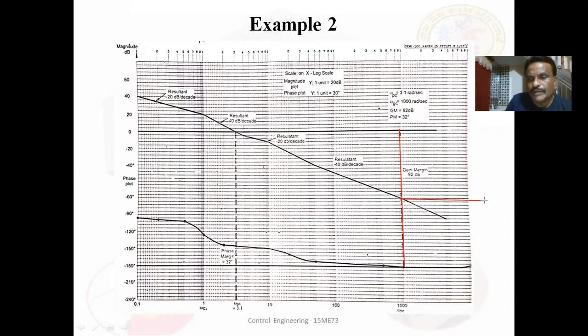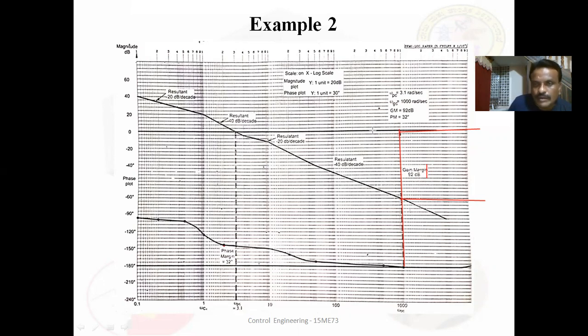From here to here, this is the gain margin. If you count from here to here, each unit is 4 dB, so the total is 92 dB.